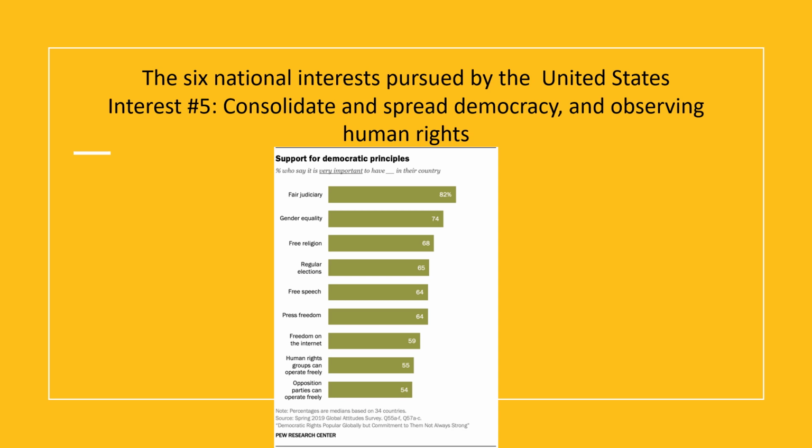Gender equality, 74%, very important in their country. Free religion, regular elections, free speech, press freedom, etc. So for all of these different democratic principles, in this global study of 34 countries, somewhere between 54 and 82% said that it was very important to have that democratic principle in place in their country.